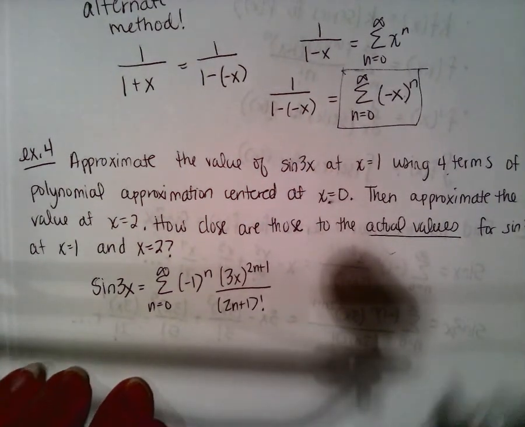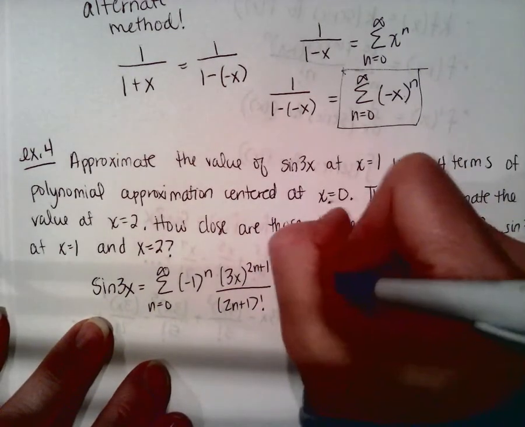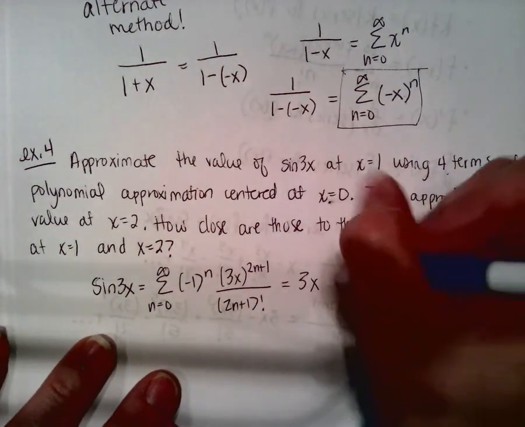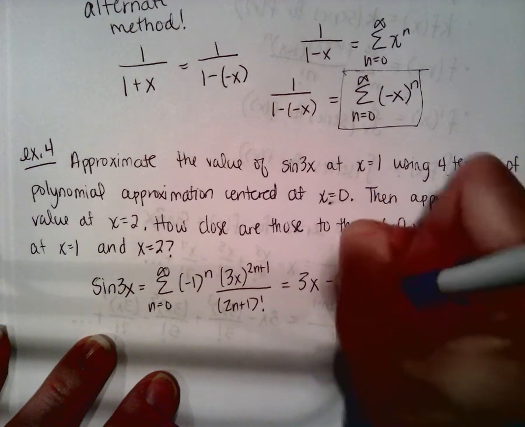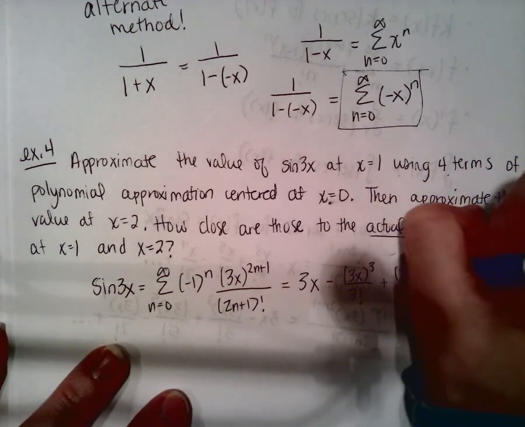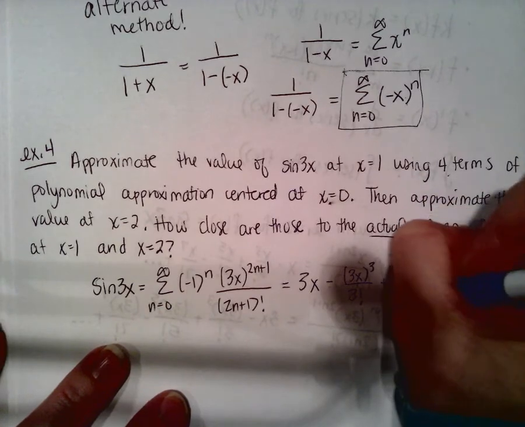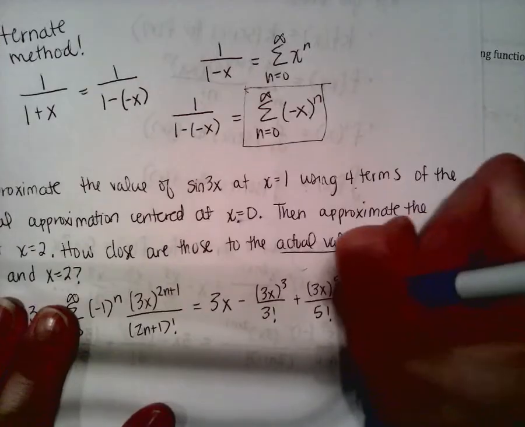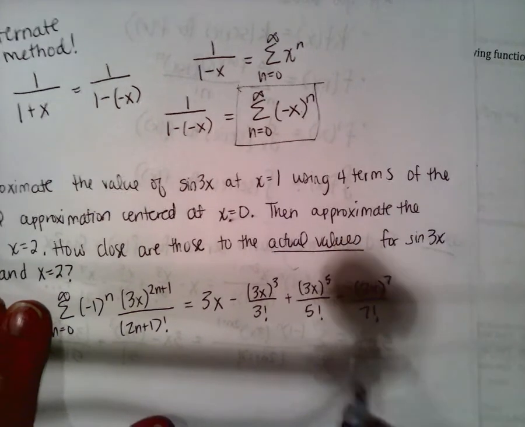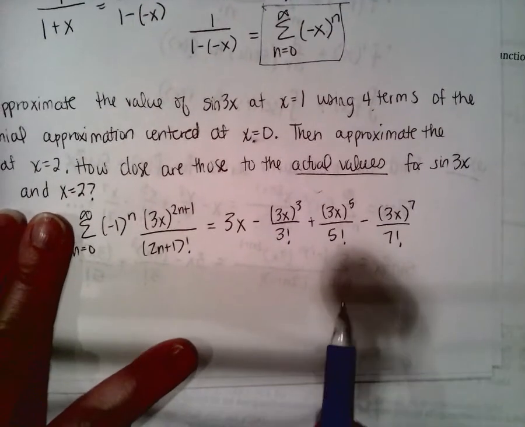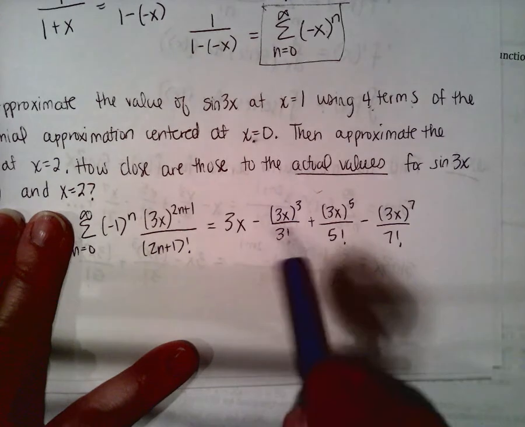And the expanded version looks like this. 3x minus 3x cubed over 3 factorial plus 3x to the 5th over 5 factorial minus 3x to the 7th over 7 factorial. And this problem specifically asks us to use 4 terms. So 1, 2, 3, 4.